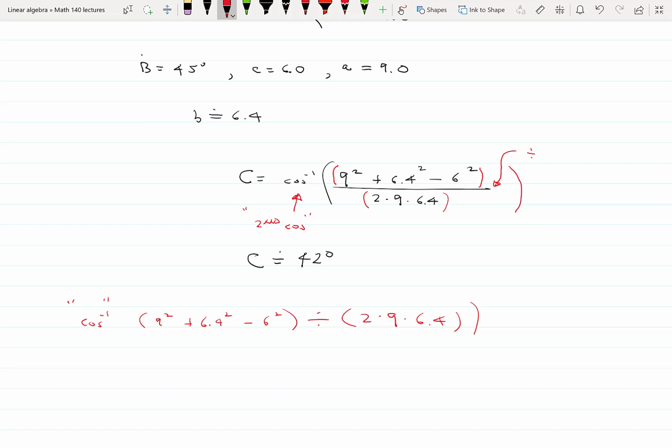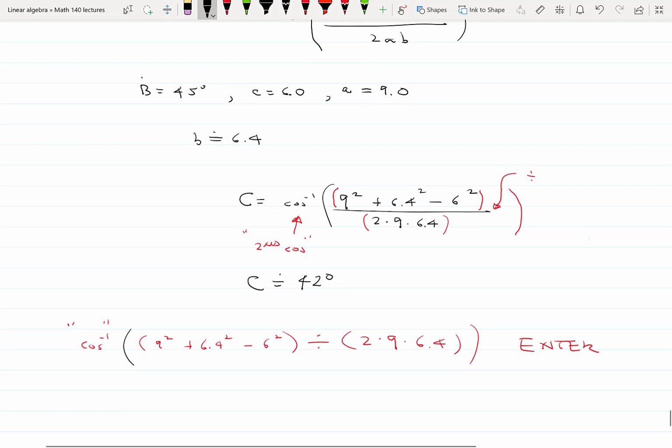Close the parentheses. Close the parentheses for the inverse cosine. The calculator will open the parentheses for you in the beginning, and then press enter. You should play around with that. It's not rough at all. You'll become a champ at this really quickly.